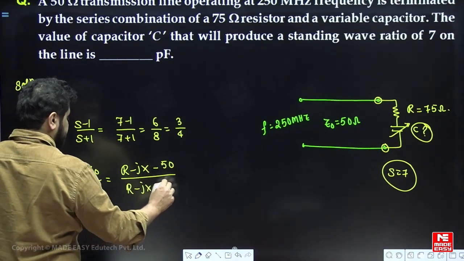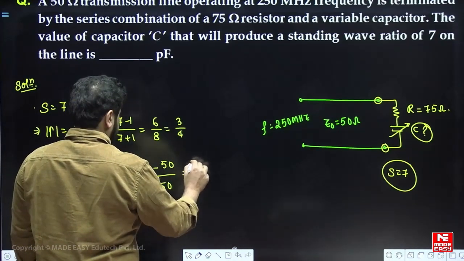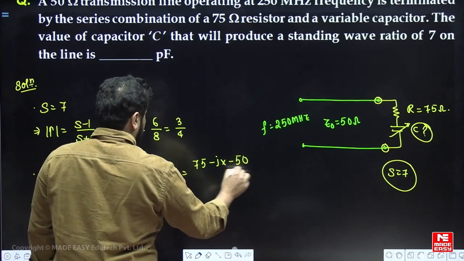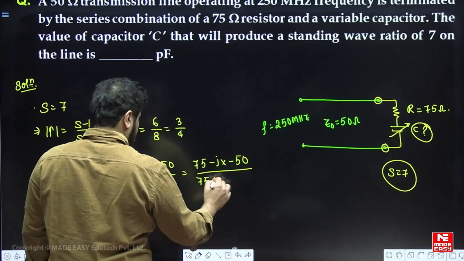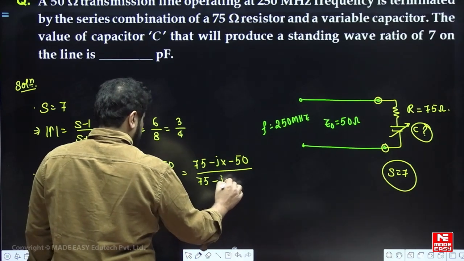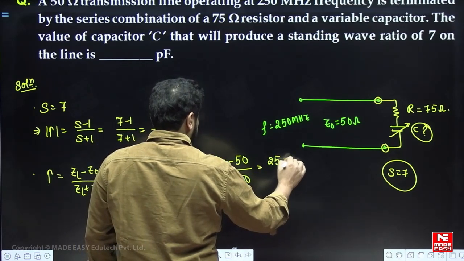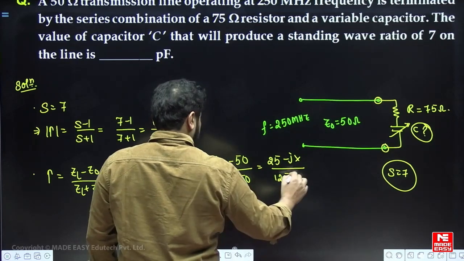Can I write it like this? The R value is given in the question, it is 75. So (75 minus jX minus 50) upon (75 minus jX plus 50). This is how much? It is 25 minus jX, and this is 125 minus jX.